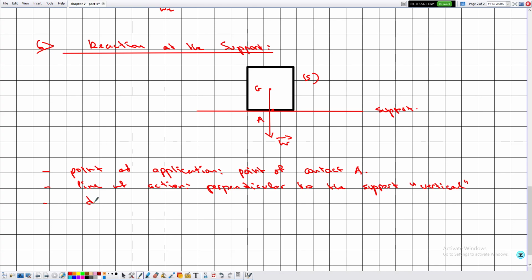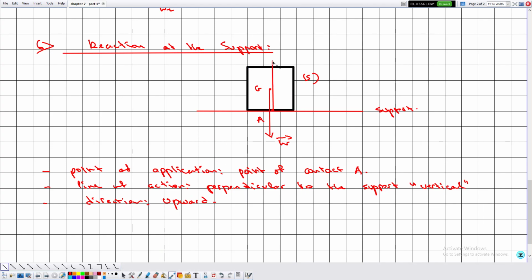Now the direction, in this case it's opposing the action of W, so the direction will be upward. So now we are ready to draw the reaction of the support. So it will be something like this.